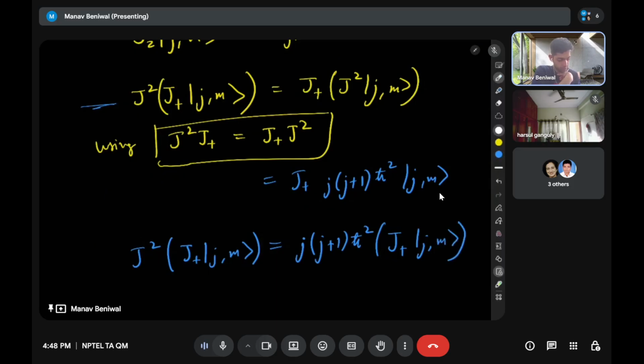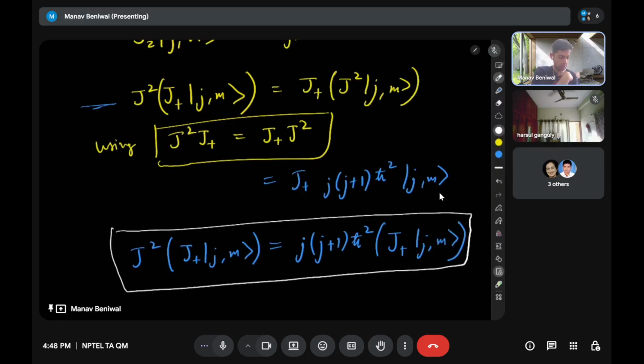Now we look at this equation very carefully, and what we see is that if this is some eigenket j plus times j comma m, and if we operate this operator J squared on this state, we get the exact same state back, and the eigenvalue that we get also does not change.